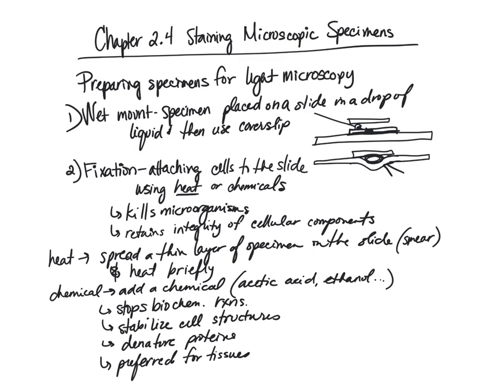Now we're going to get into talking about the different types of stains and the different methods of staining. So staining, as we've been discussing it, what is staining? Staining is the process of coloring certain features of a specimen before examination under a light microscope.